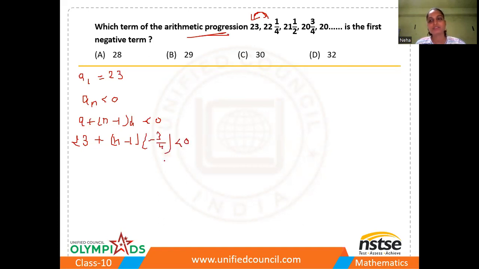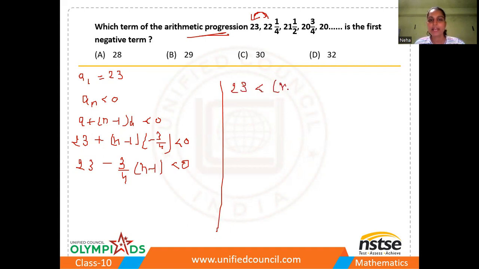It is less than 0. So this is 23 minus 3 by 4 into n minus 1 is less than 0. So here I can find the value of n. It becomes 23 is less than n minus 1 into 3 by 4. I can shift, right? It becomes 23 multiplied by 4 by 3 less than n minus 1.